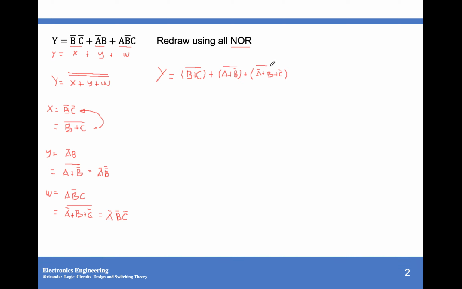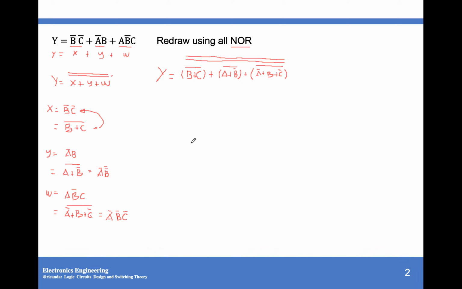So we have a bar. Then we have this one, it is a NOR, and we have to complement or put a bar on the output of your NOR so that we can get rid of that double bar.